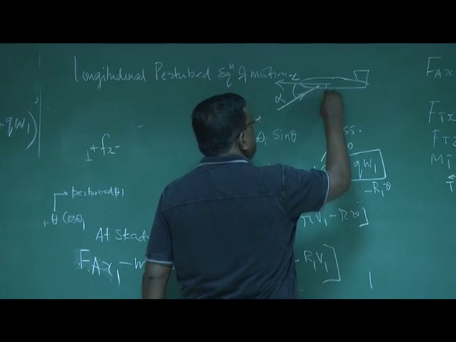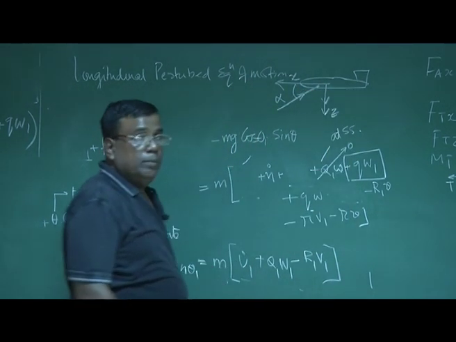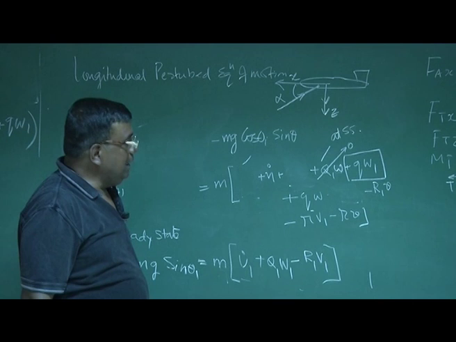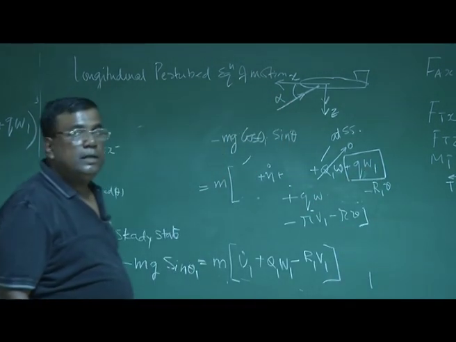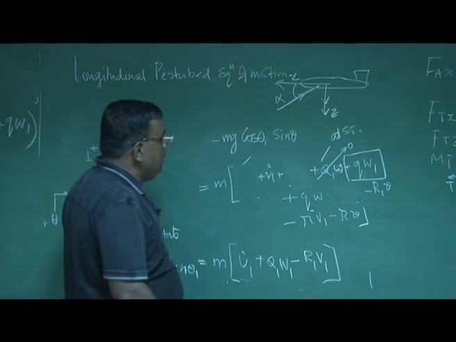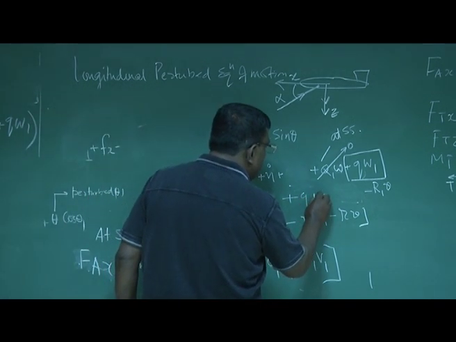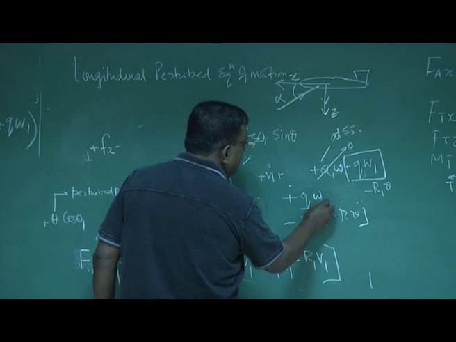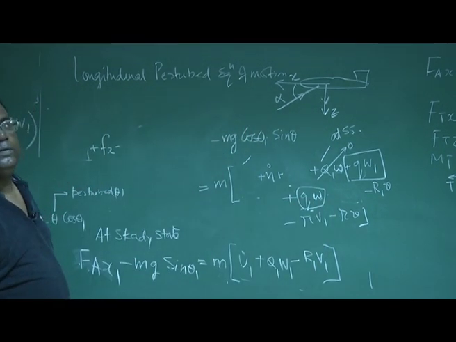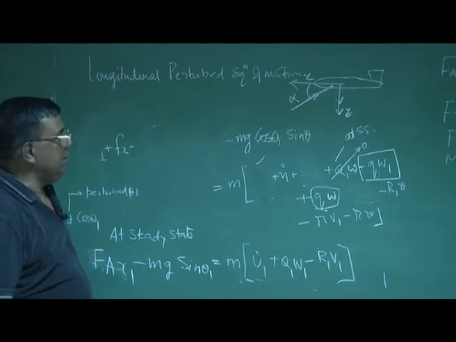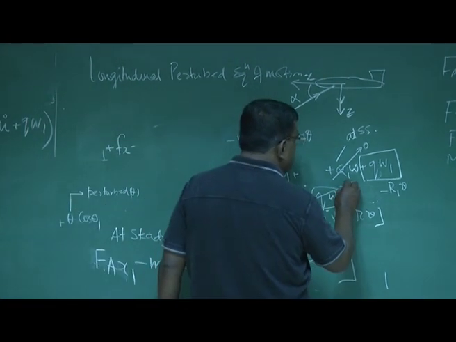So the component of velocity along the z direction is w1 at steady state. So this will not vanish, and q is the perturbed quantity. Then we have q into w. Both are perturbed, small quantities, so the product of two small perturbed quantities can be neglected. So this also goes.